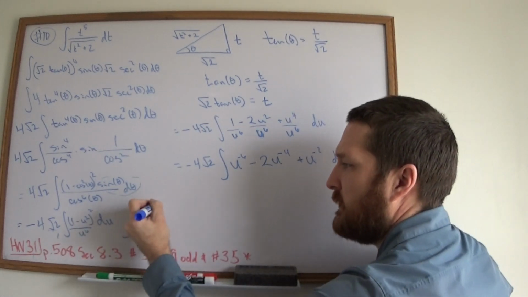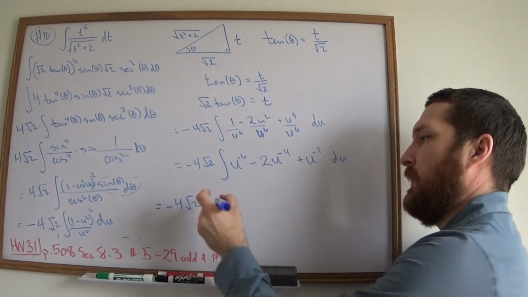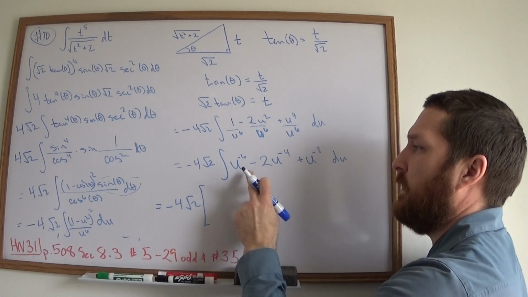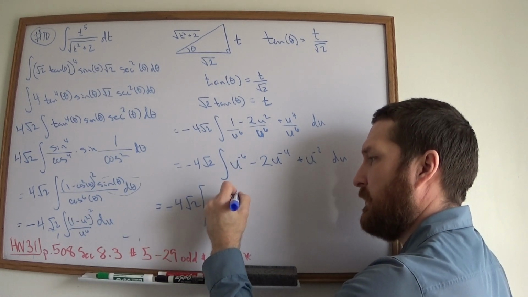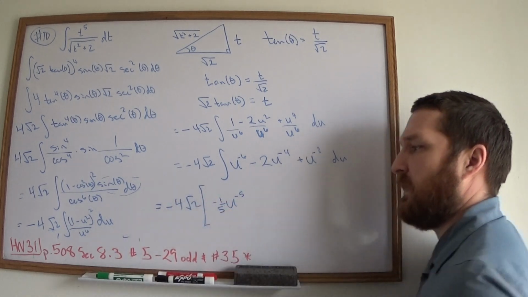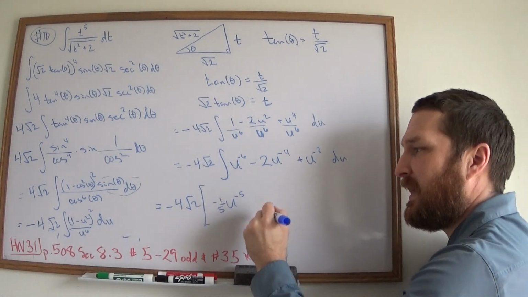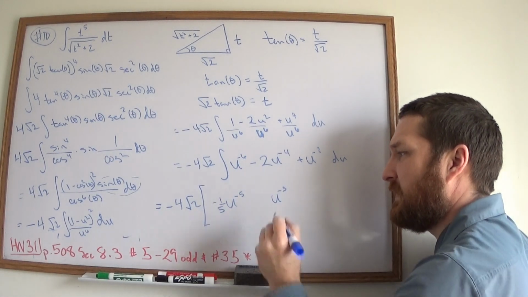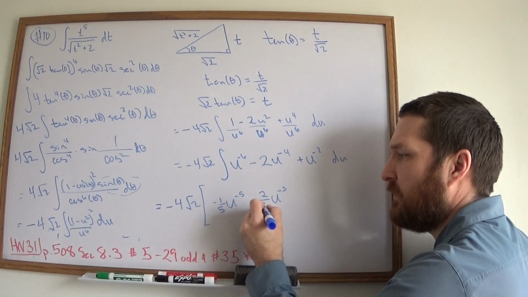Now this is the same thing as negative 4 root 2 times, we have to make the power bigger, so u to the minus 5 over minus 5. Then u to the minus 4 goes to minus 3, so u to the minus 3 over minus 3, and with the minus in front, a minus minus makes that positive, 2 stays put, 3 goes down.